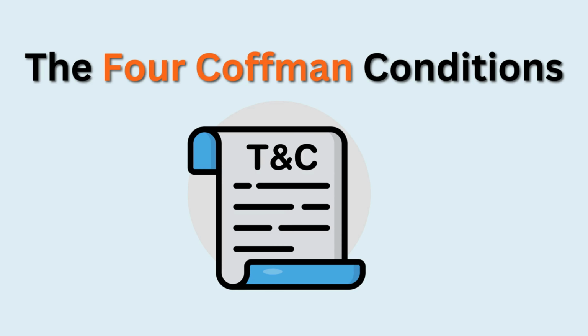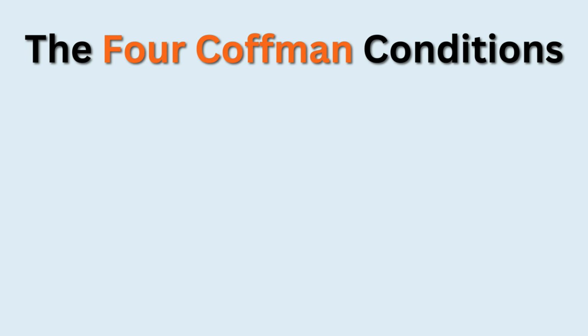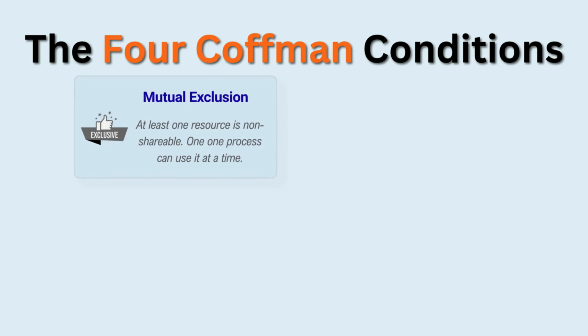So, when exactly does deadlock occur? Edward Coffman identified 4 conditions that must all hold simultaneously for a deadlock to be possible. First, mutual exclusion. At least one resource must be non-shareable, which means only one process can use it at a time.